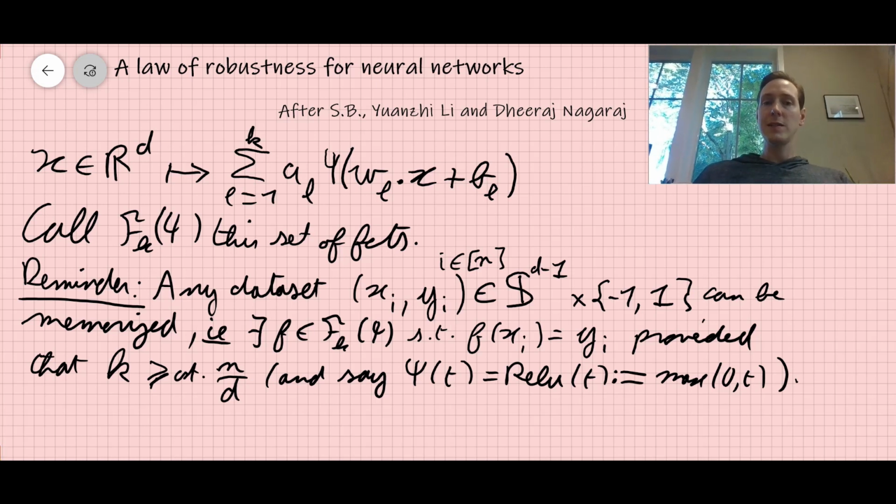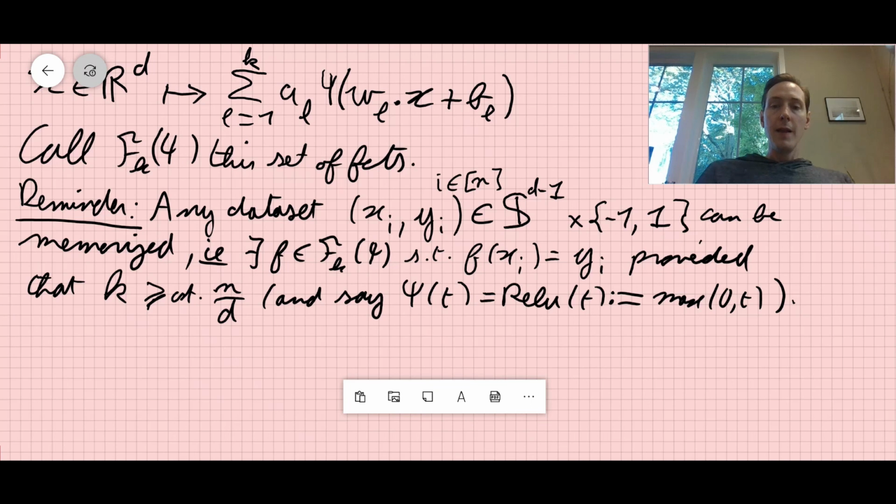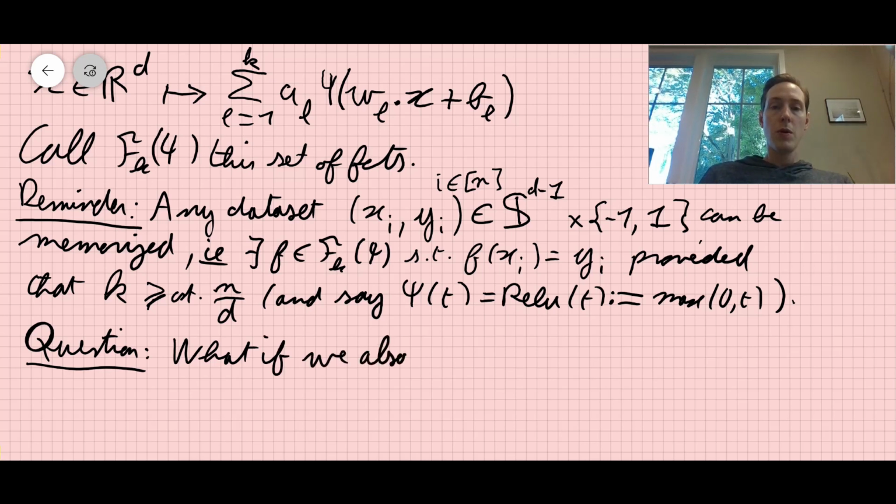All right, so this is what we saw last time. This goes back to 1988, and it's a very simple thing to prove. Now, the question that we ask in this work is, what if we also want f to be robust?